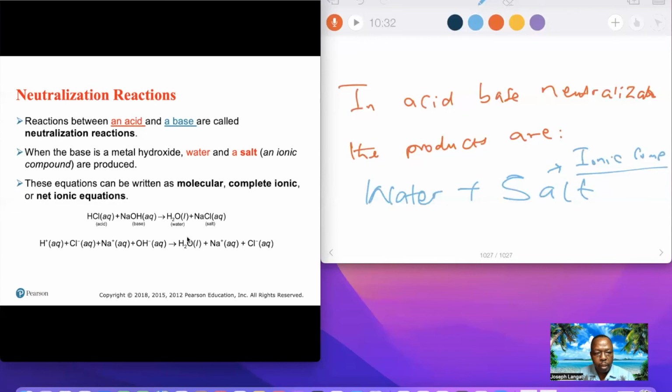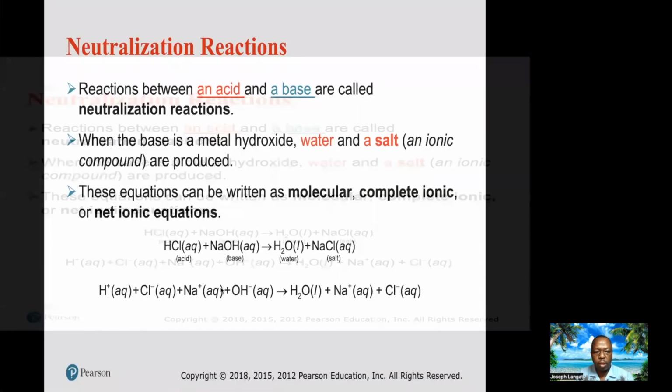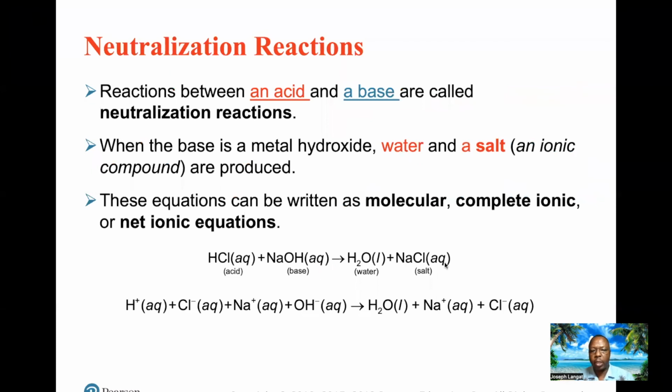We do not split the liquid. Look at the liquid. Maybe I can zoom in so that you can look at it. This is the molecular equation. This is the complete ionic equation, or total ionic equation. And what I was saying is you do not split the liquid.